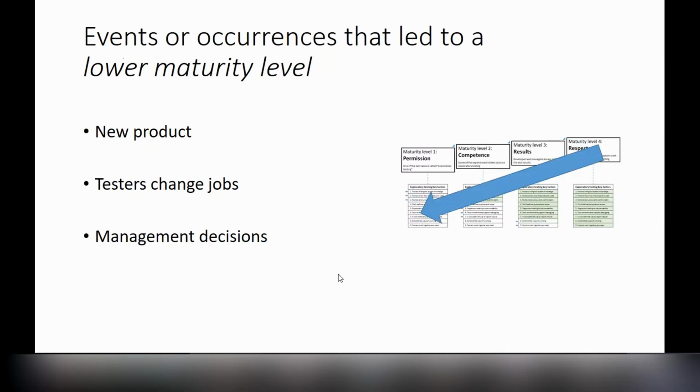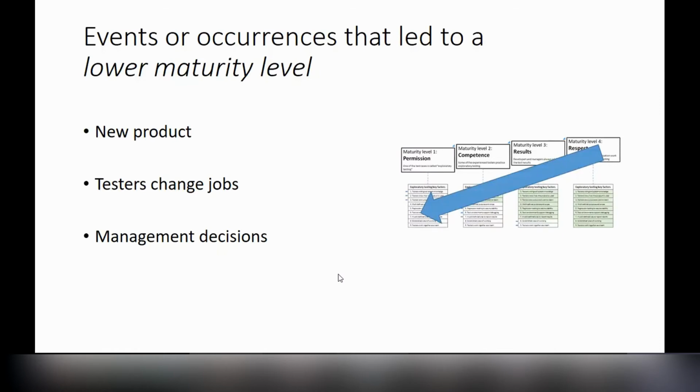Then we have things that could take you to a lower maturity level. One of these is a new product being introduced, for example, either a completely new product or cloud technology in your existing product. Then you don't have the knowledge about what this is and how to test it, so you go backwards.